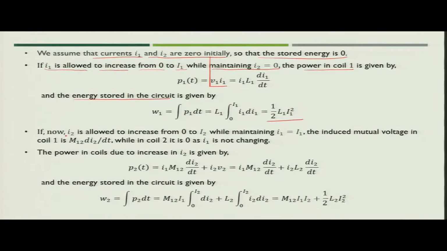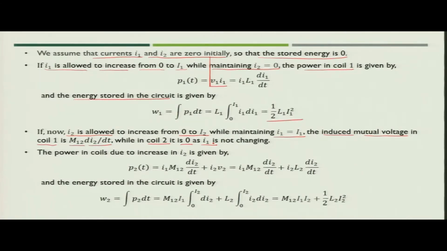Now, if current I2 is allowed to increase from 0 to capital I2, again an arbitrary value, while maintaining the current in the first coil, then the induced mutual voltage in the first coil will be M12 dI2 by dt, while in coil 2 the mutual voltage due to I1 will be 0 because there is no change in I1.